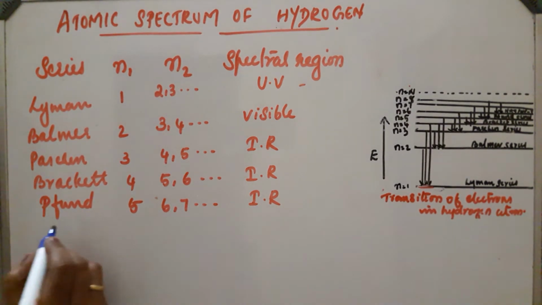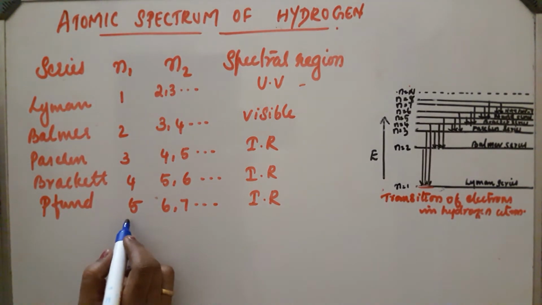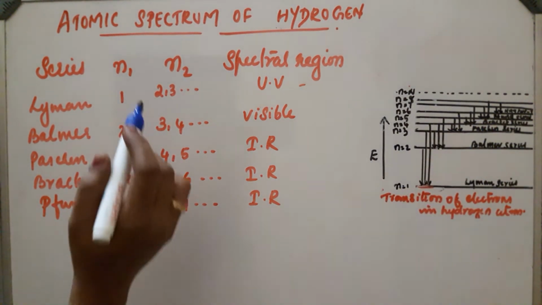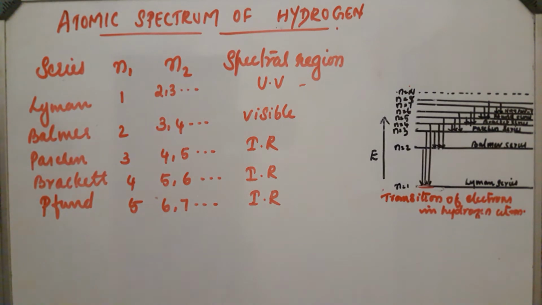Now the last one is the Pfund series. Here n1 is equal to 5, into which the transition of electrons takes place from different excited states, that is 6, 7, 8, etc. The spectral region is the IR region.